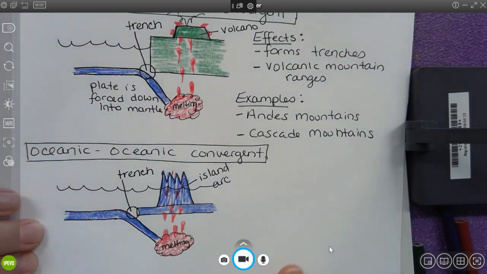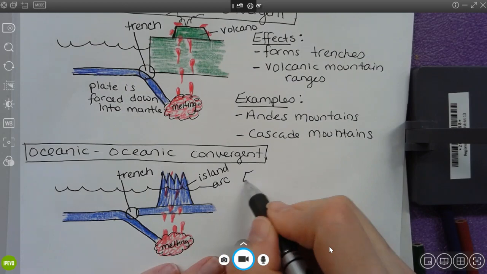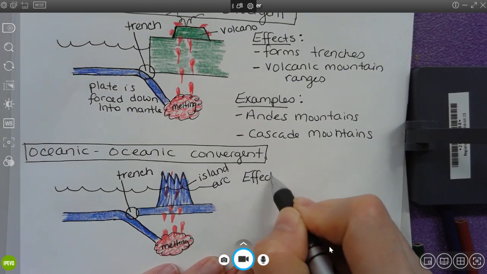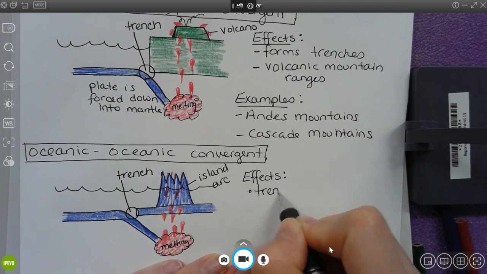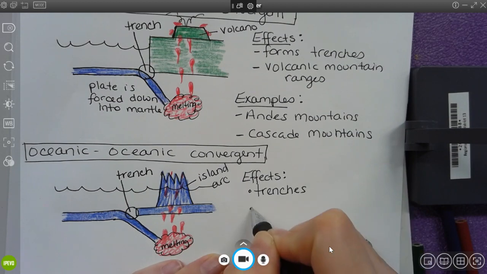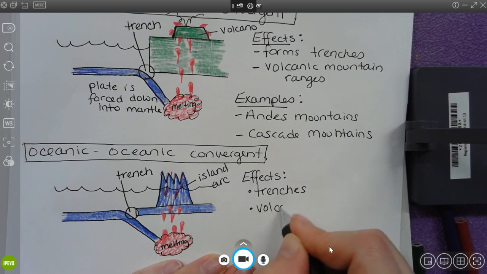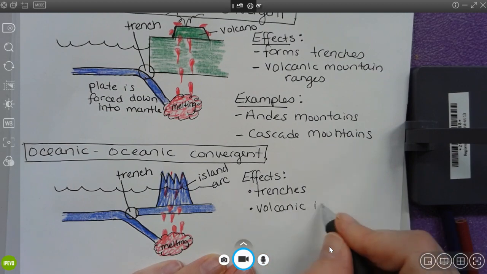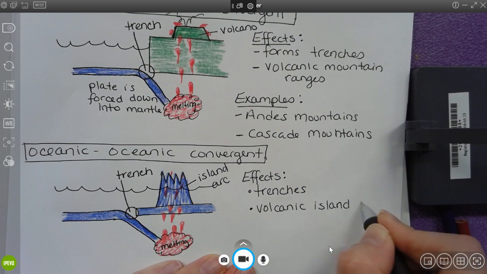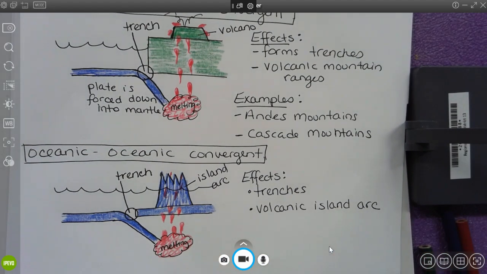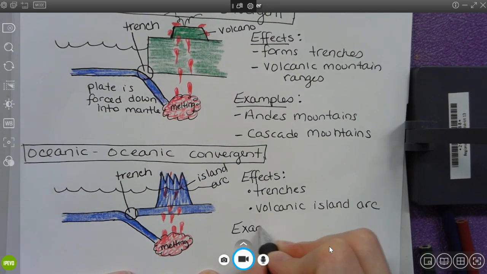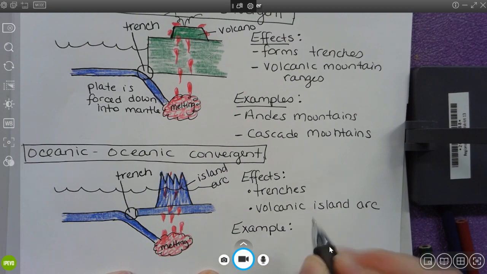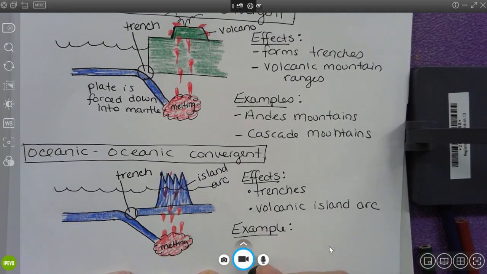That forms here. So the effects, we have, again, trenches, and we have volcanic island arc. So it's kind of like a chain of islands that forms. So, for example, an example of this would be the Aleutian Islands.